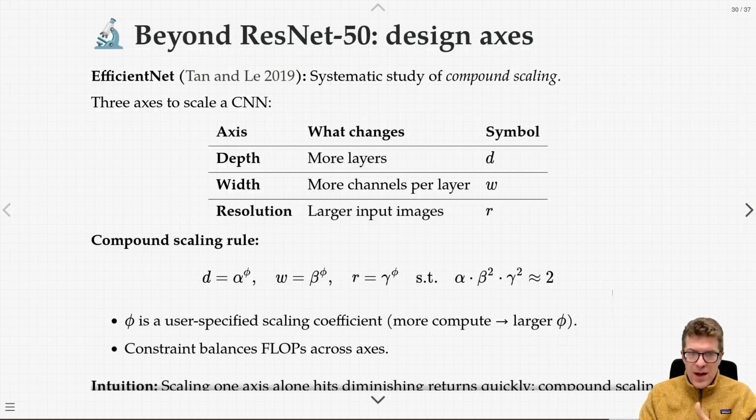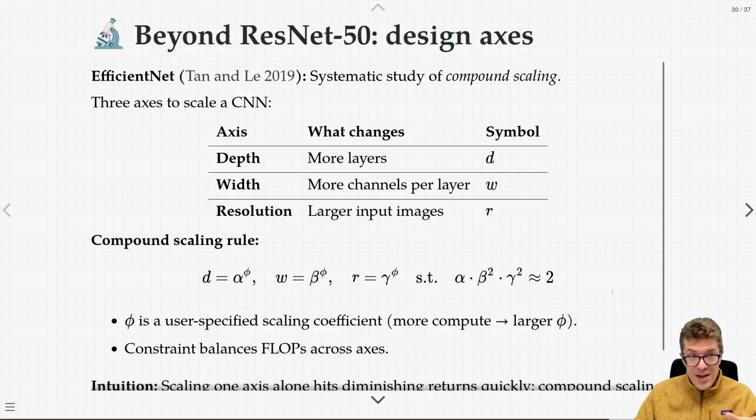If you have a depth, then you have some parameter alpha, which is raised to the power of this user-specified scaling coefficient phi. So the more compute you have, the larger the value of phi you're going to have. So depth is some factor alpha raised to the power phi, and width is some other factor beta raised to phi, and so on.